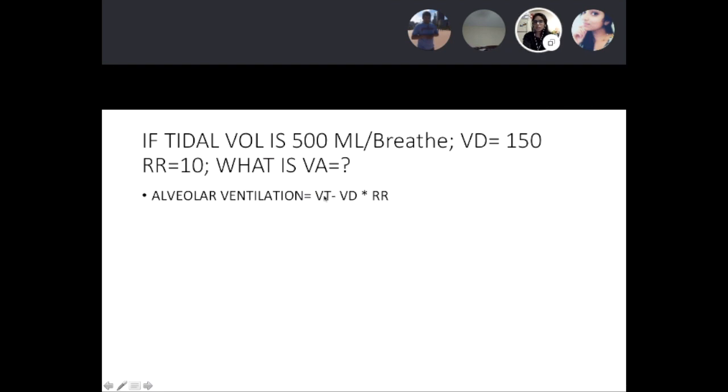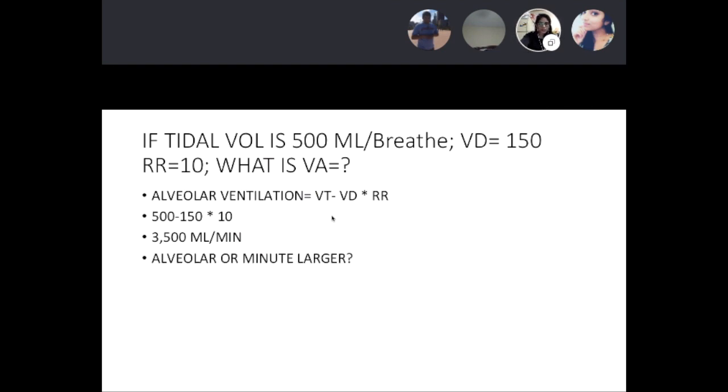Alveolar ventilation is the tidal volume minus the physiologic dead space times respiratory rate. We have all the variables given here. I guess that's pretty simple. And that gives us, go ahead, sorry. 3,500? Yep, 3,500. So that's just as simple as it is.